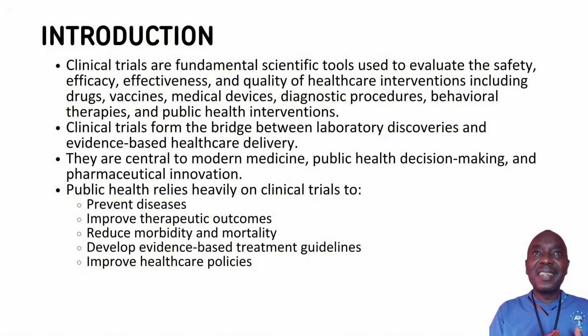After we've gone through the preclinical methods, we want to take it to the next level, and then we start looking at phase 1, phase 2, and phase 3. After approval, we also still look for the phase 4 of the intervention that we've done. So these are central to modern medicine and public health decision making and pharmaceutical innovations.